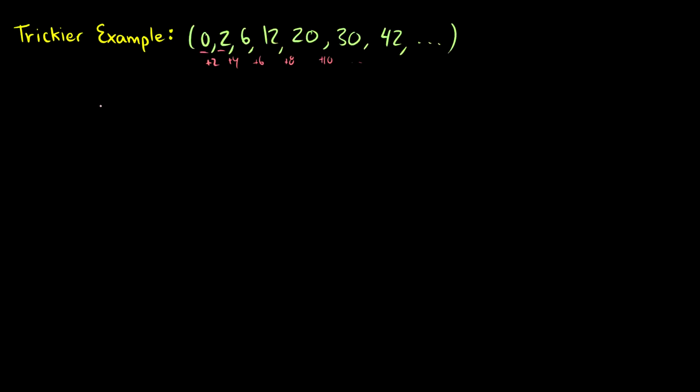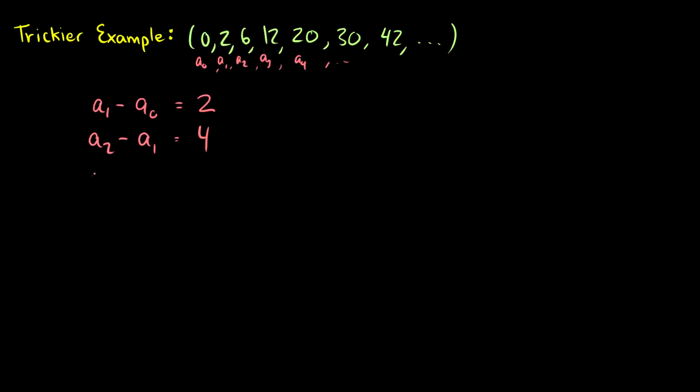Okay, so let's write this as a1 minus a0. So this is 2 minus 0, which is equal to 2. Okay, a2 minus a1 is 6 minus 2, which is 4. Again, just to make things super clear, I'm going to write this as a0, a1, a2, a3, a4, and so on.